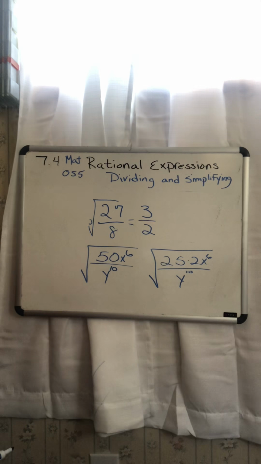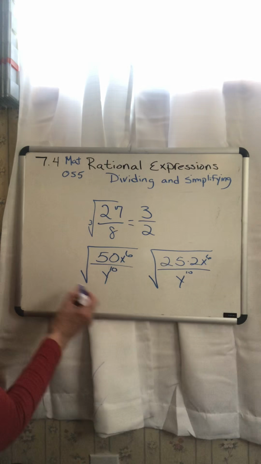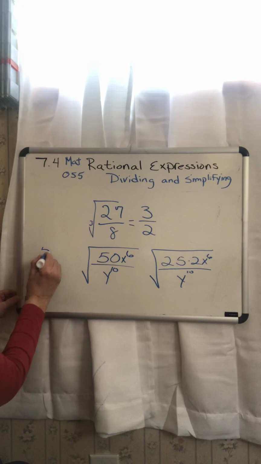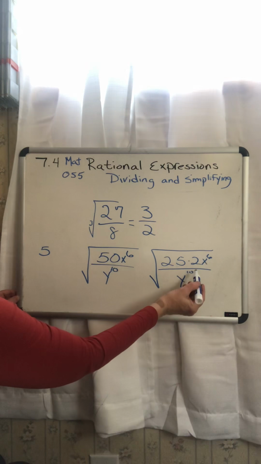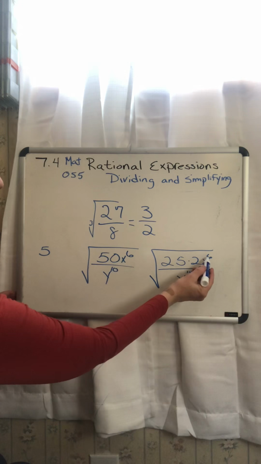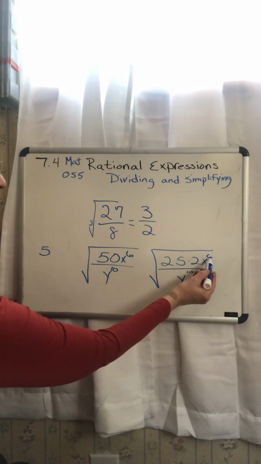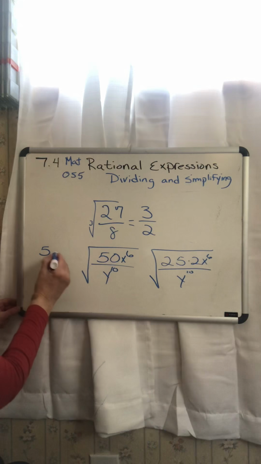Okay, so I'm going to put my answer over here, so I don't confuse you. It's just I have space here. The square root of 25 is 5. The square root of x to the 6th, so we would just divide. 6 divided by 2 is 3, so that's x cubed.